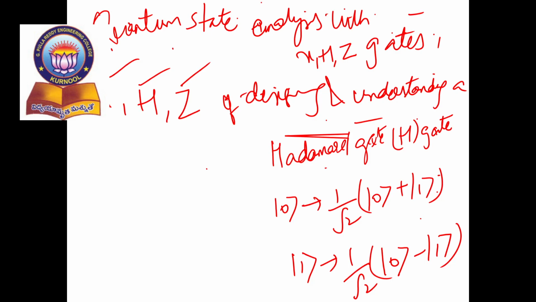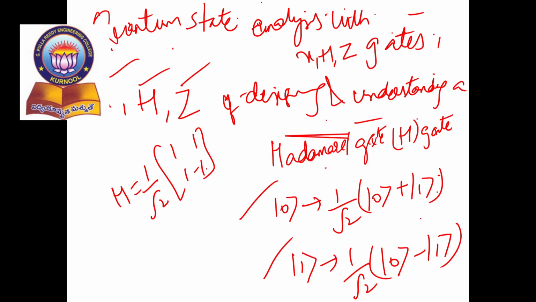So we can write H is equal to 1 by root 2 of [1 1; 1 -1]. So X is called the bit flip, Z is called the phase flip, and H creates the superposition.